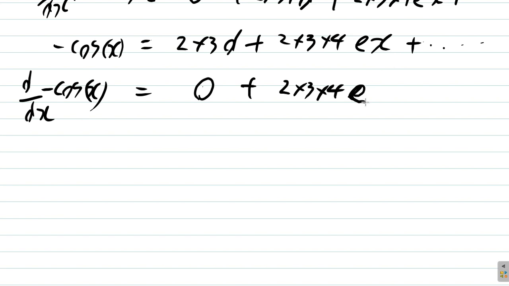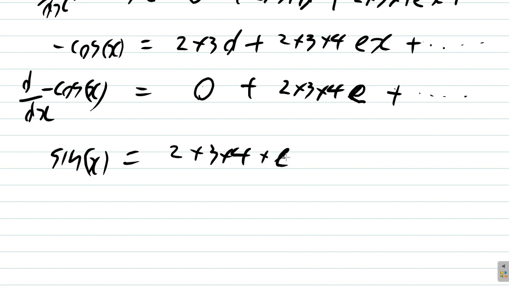When you differentiate a number by x, you get the number. And you remember the power rule and how it works. Plus, whatever is to the right would have x in them. And when you find the derivative of negative cos, you're going to get positive sine x equal 2 times 3 times 4 times e plus whatever happens out here. But these would be 0, so you wouldn't need to worry about them.